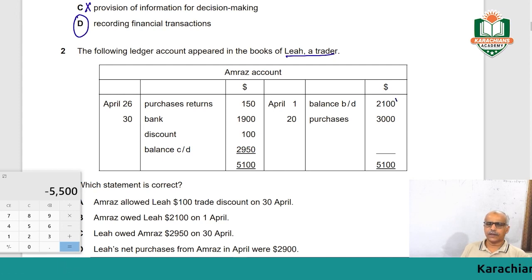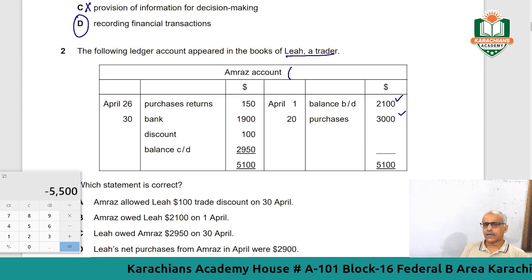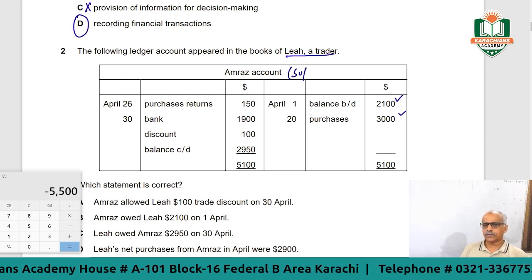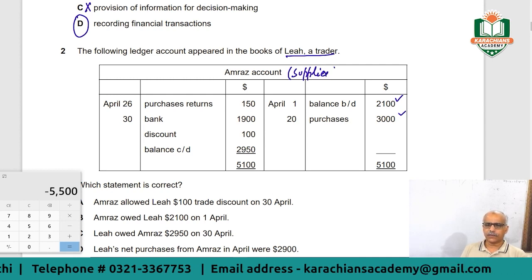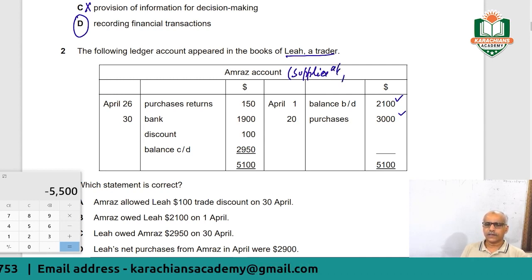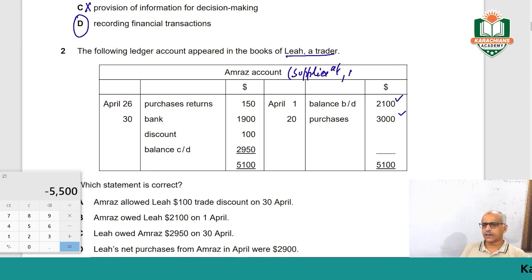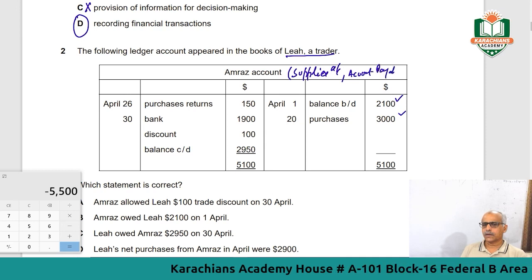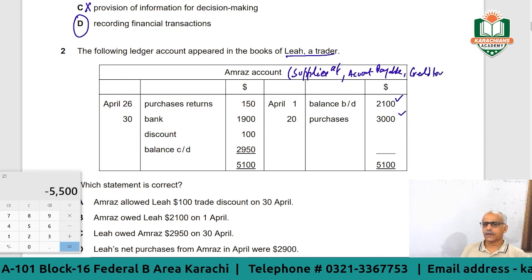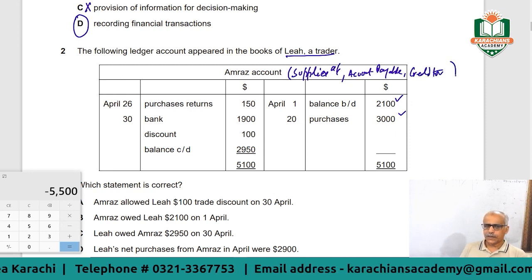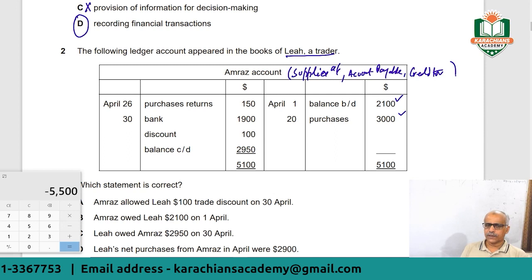It has a credit balance and there are purchases appearing, means this Amre is a supplier. So we can say supplier account, or we have to pay him, or we can say this is an accounts payable, or we can say this is a creditor account.